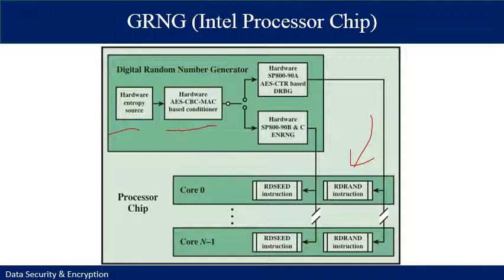RDRAND instructions retrieve a 16, 32 or 64-bit random value and make it available in software-accessible registers. To conclude, preliminary data from pre-production samples on a system with a third generation Intel Core family processor shows performance of up to 70 million RDRAND instructions per second and a random data production rate of over 4 gigabits per second.